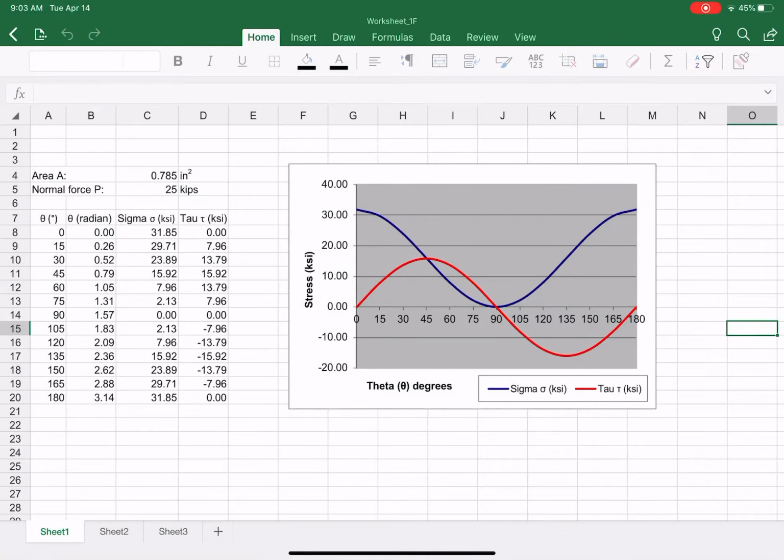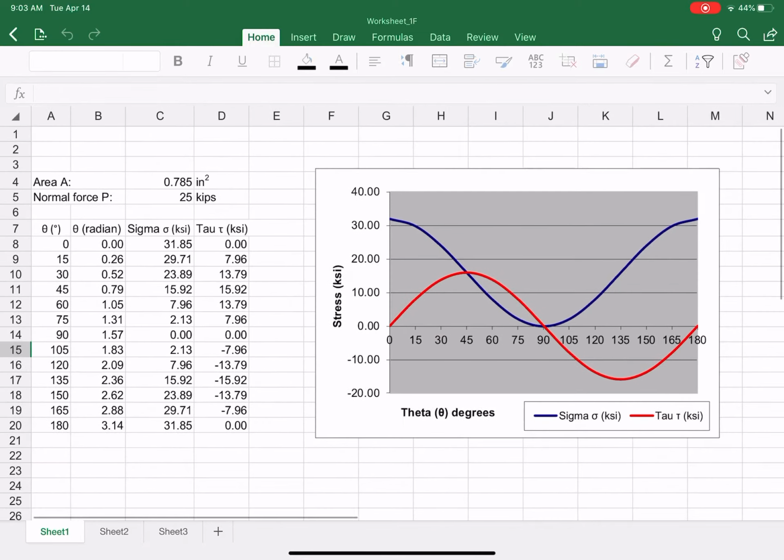So you have here the normal force P, 25 kips, and the area, 0.785 square inch. The angle they ask us to vary from 0, which is the transverse, to 180, also the transverse going back. For sine and cosine in Excel, you need to convert that into radians.